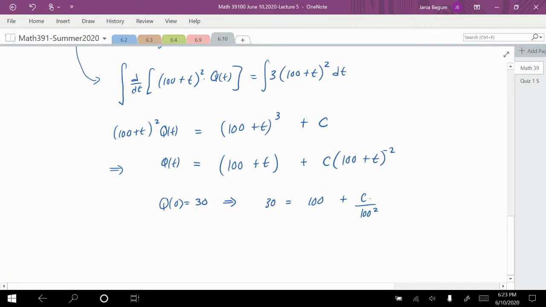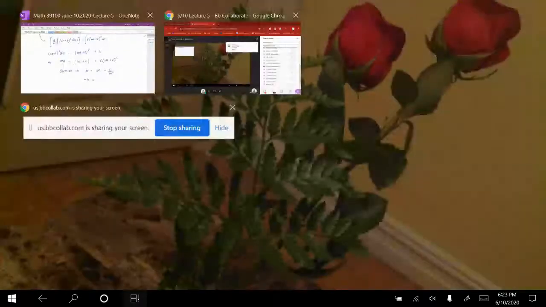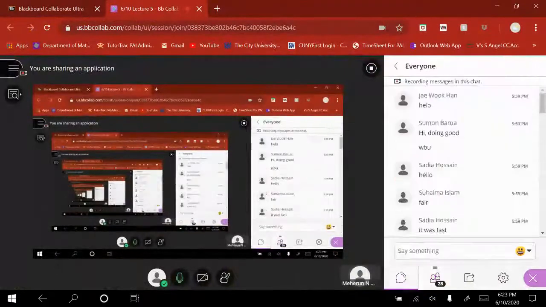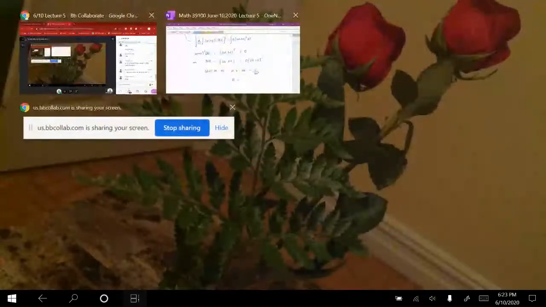So what is C? If I just finish up my computation, I have negative 70. Liana, you have 3,000 for C. Let's check that out.